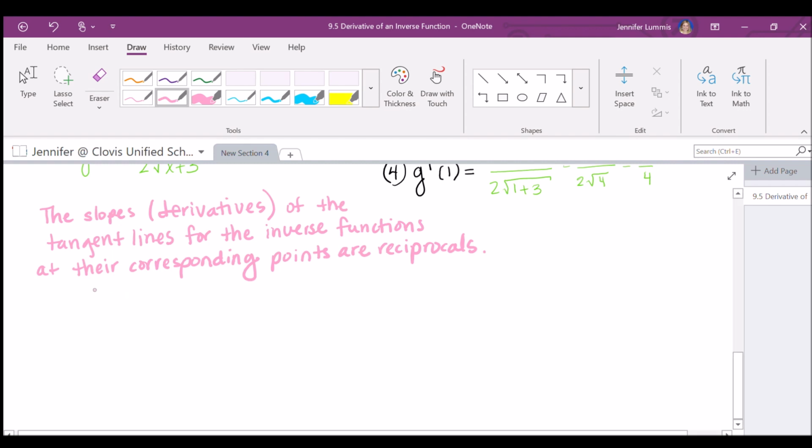So this formula says g prime at A is equal to 1 over f prime at g of A. So remember, since g and f are inverses, so we'll include that.